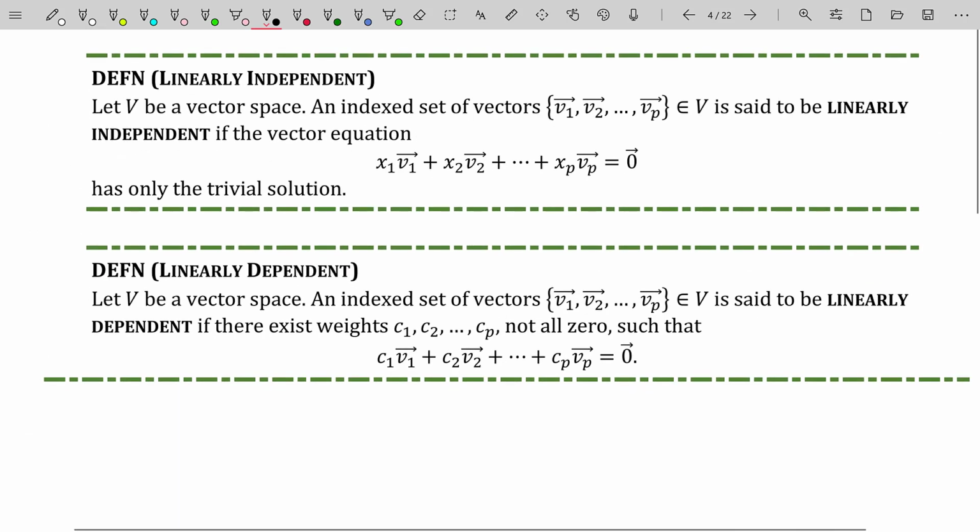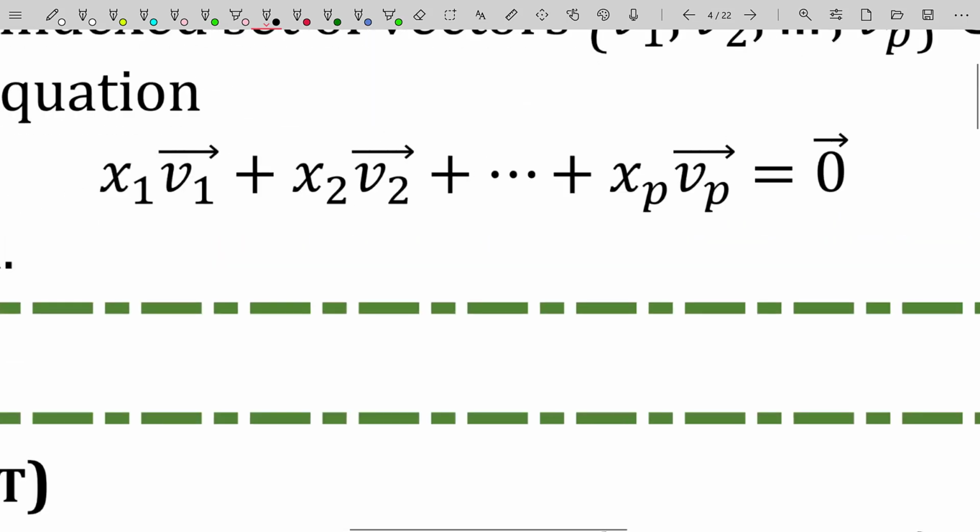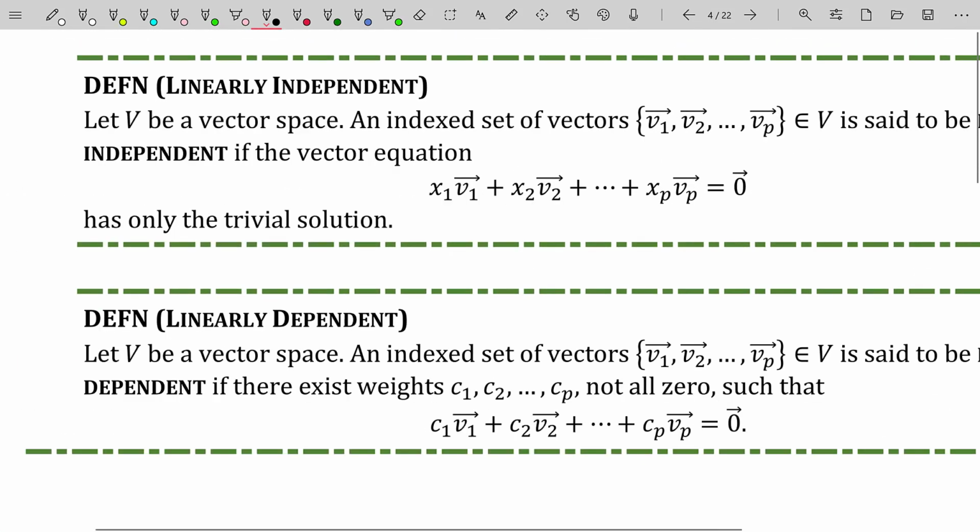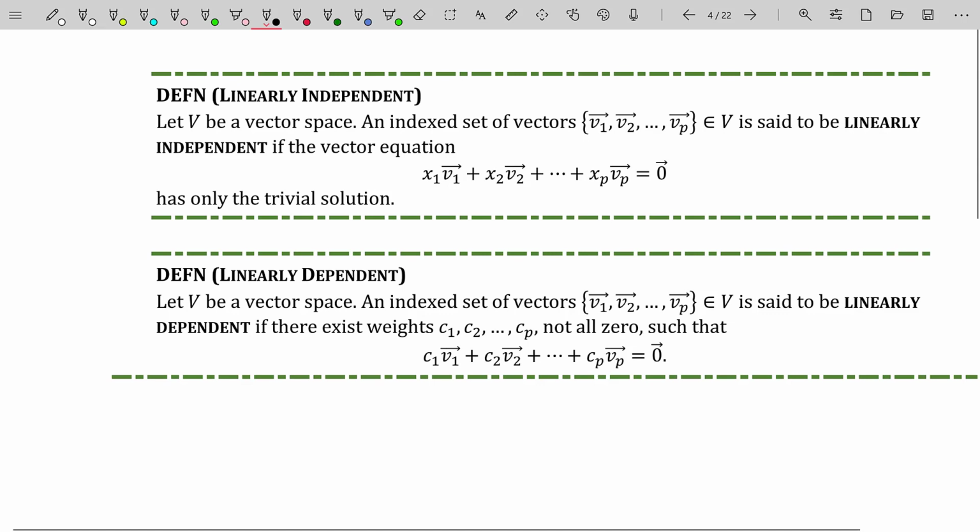We say those vectors are linearly independent if the equation that you see right here has only the trivial solution. Nothing's really changed, so don't think that I'm throwing something at you that's like a curveball or something brand new. It's not really brand new. We just have to modify our definition to be inclusive of vector spaces and vectors from vector spaces.